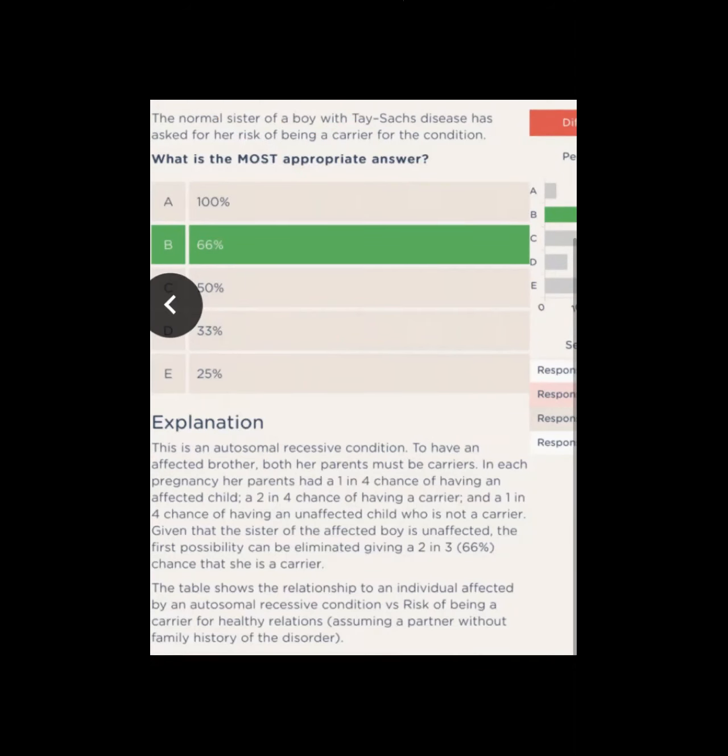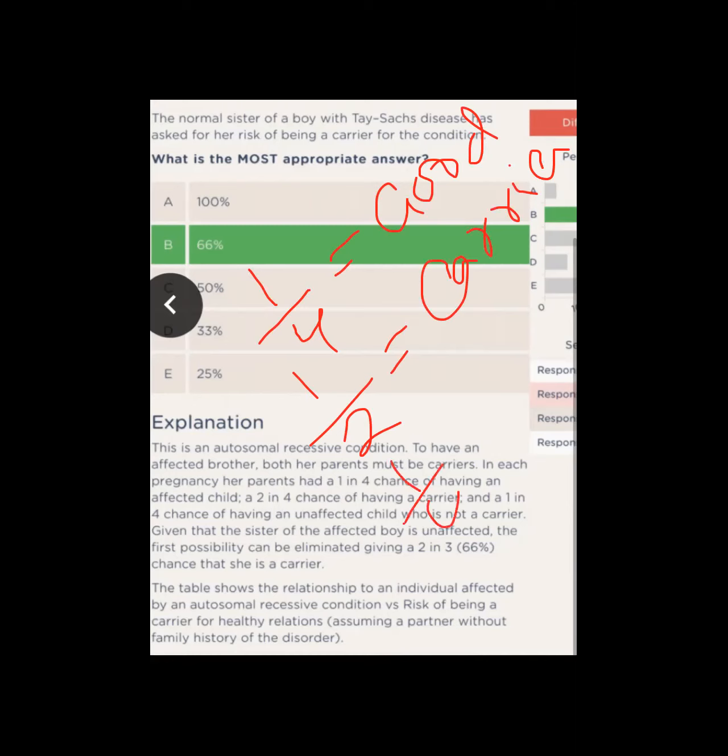In each pregnancy, her parents have a 1 by 4 chance of having an affected child. From autosomal recessive inheritance, there is a 1 by 4 chance the child will be good, no disease, a 1 by 2 chance, 50%, she will be a carrier, and a 1 by 4 chance she will be a sufferer. Here in this question, the sister is normal. It is given that the sister is normal.